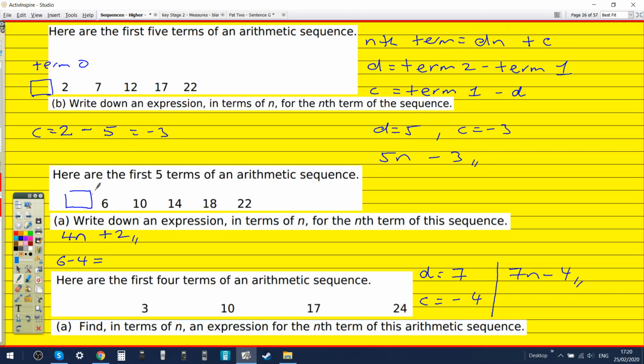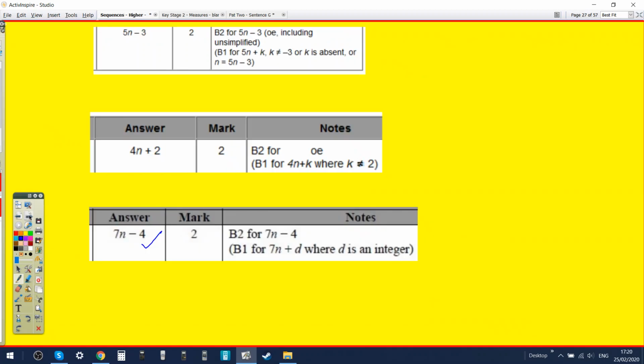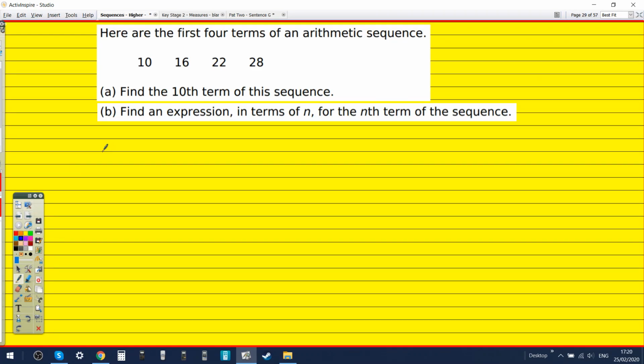So any questions about those? Nope. Yes, let's try this one. So this is add 6.